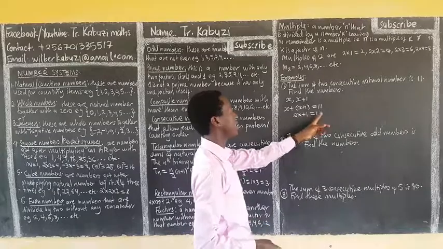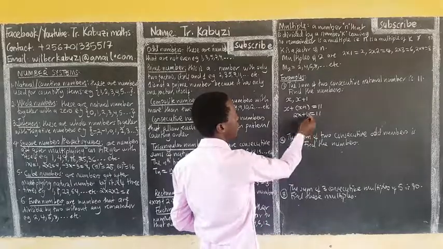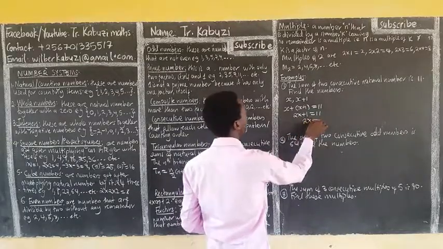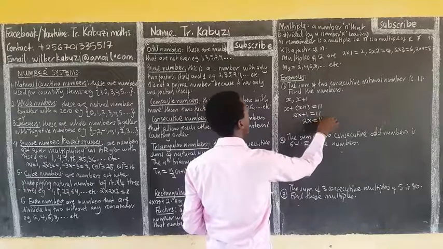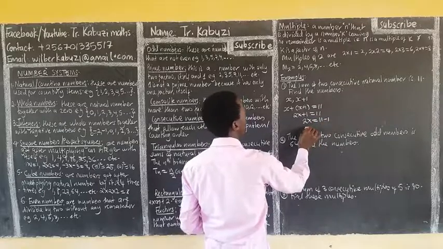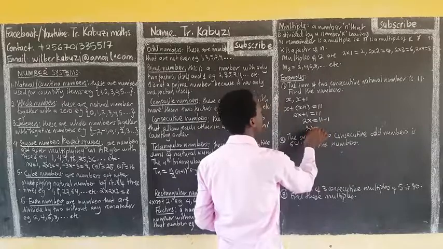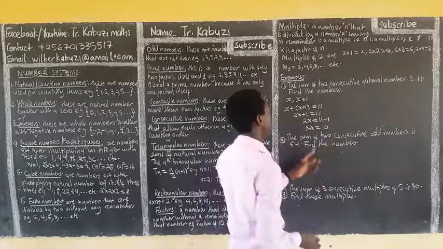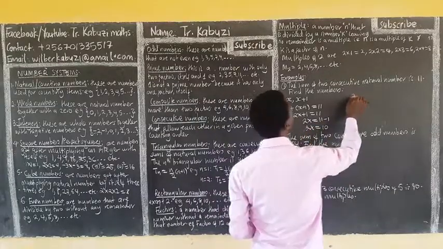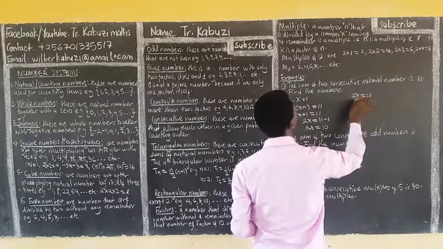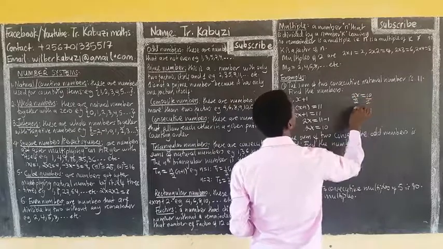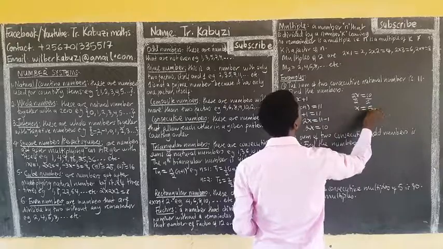We subtract 1 from this side and this side. So 2x equals 10. Then divide through by 2, and x becomes 5.